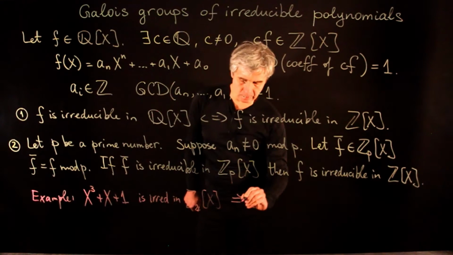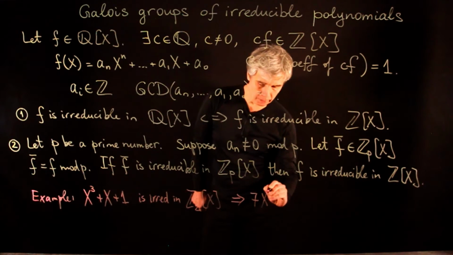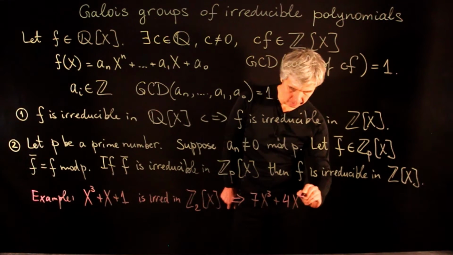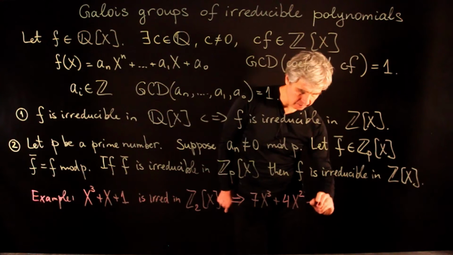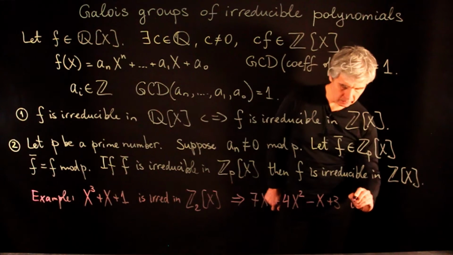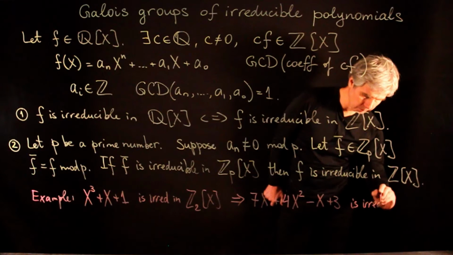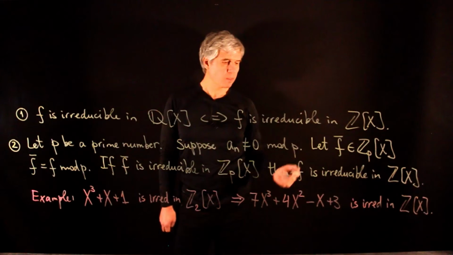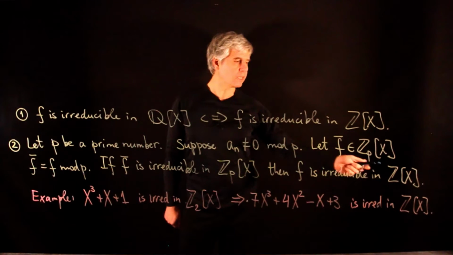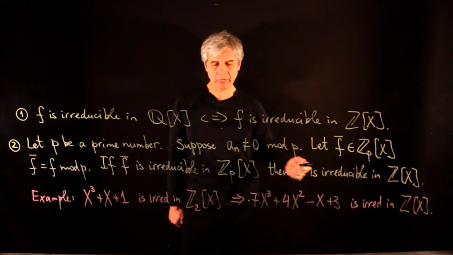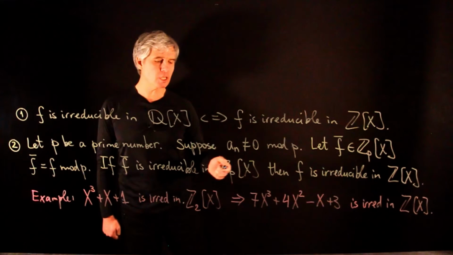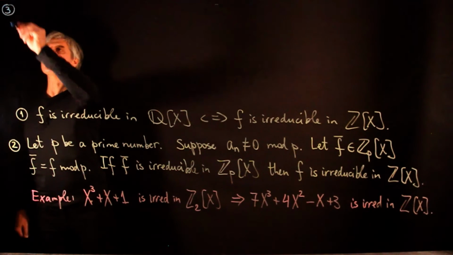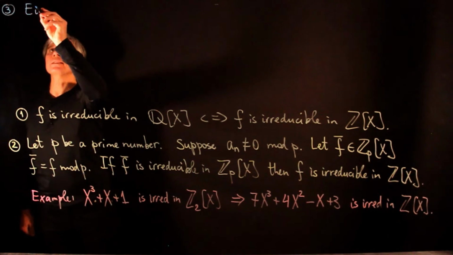This implies that the polynomial 7x cubed plus 4x squared minus x plus 3 is irreducible in Z[x]. This result is obvious because any factorization in Z[x] by reduction mod p will produce a factorization in Z_p[x].